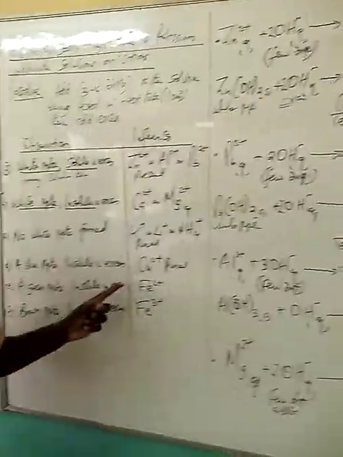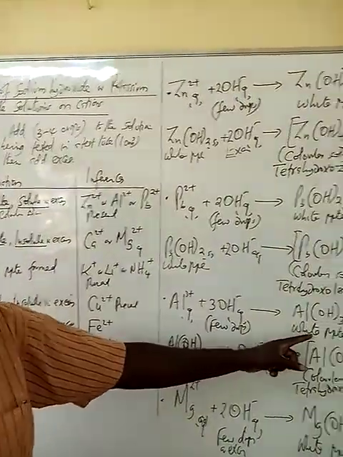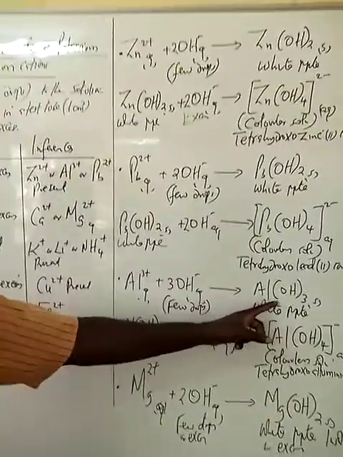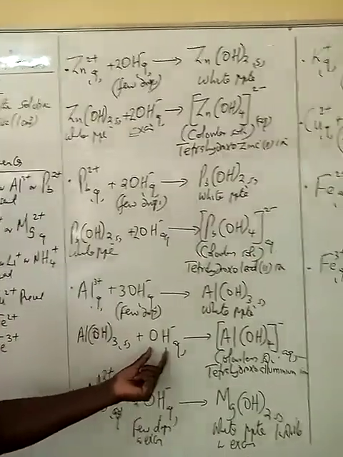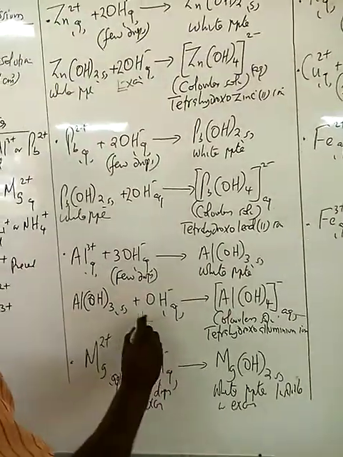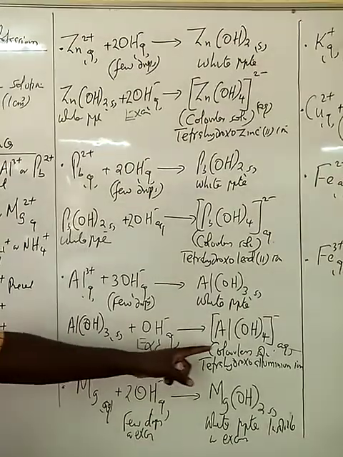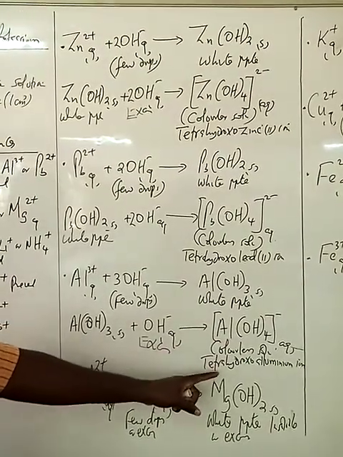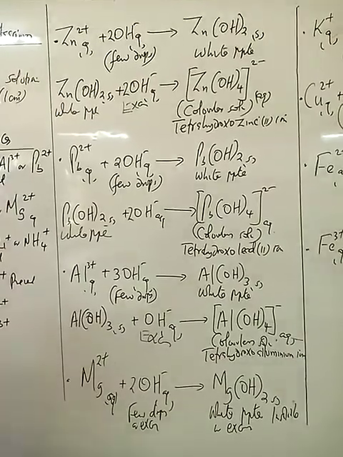With aluminum, it forms a white precipitate because of formation of aluminum hydroxide. The aluminum hydroxide dissolves in excess sodium hydroxide, forming also a colorless solution, which is a complex salt called tetrahydroxoaluminium ion.